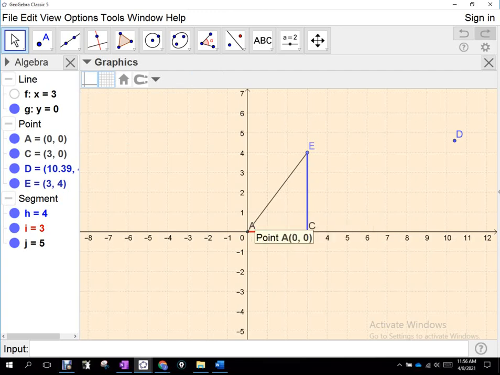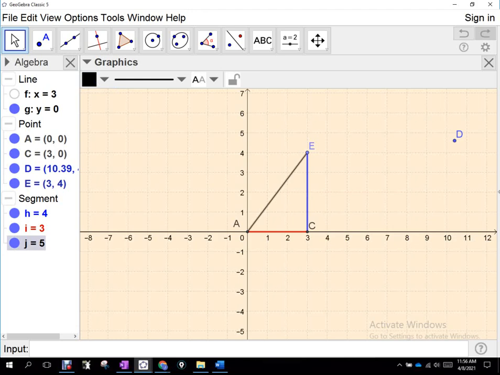Now, because those are rectangular coordinates, rectangular movements, that's a right angle right here at C. It's always going to be a right angle here at C. What I've done is I have forced that distance right there to always be 5.